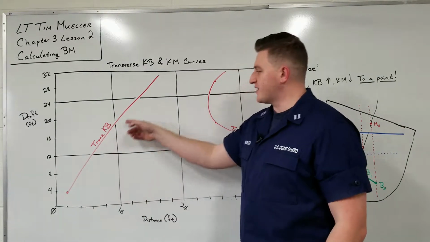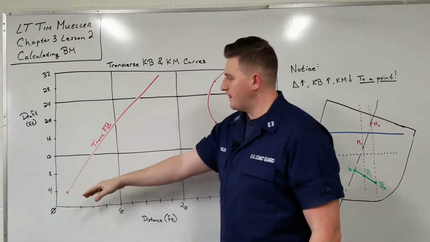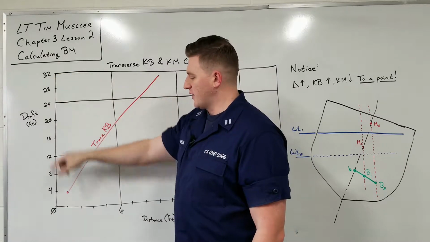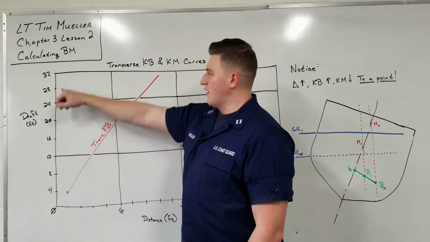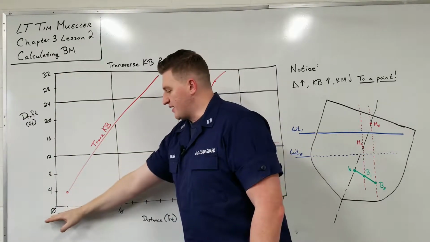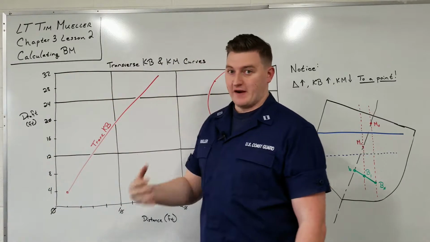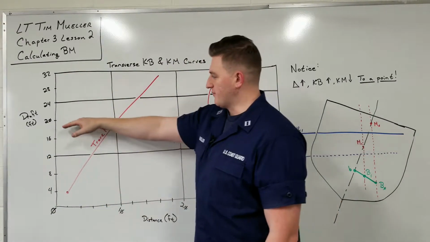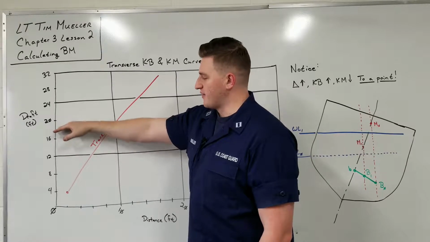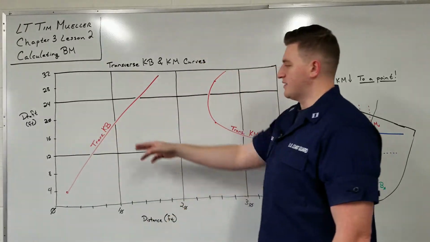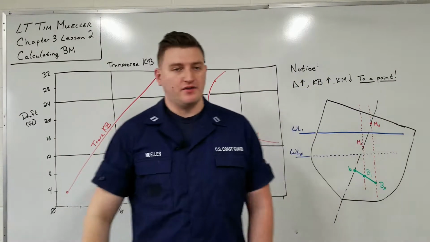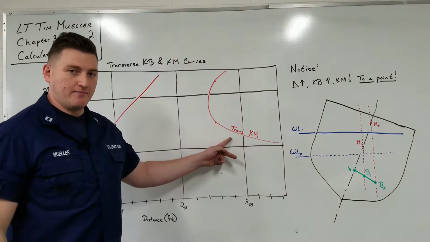KB, the transverse KB, is on this line. This is our draft going from 0 all the way to 32. So as you can see, these two are very, very extreme, with your usual drafts probably being right around the 16 to 20 area. So here's our transverse KB. Then on this side is our transverse KM.